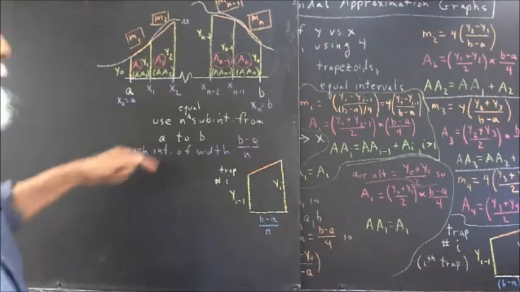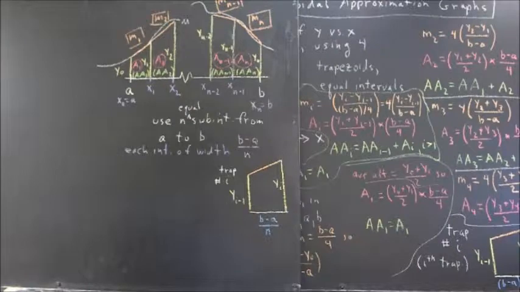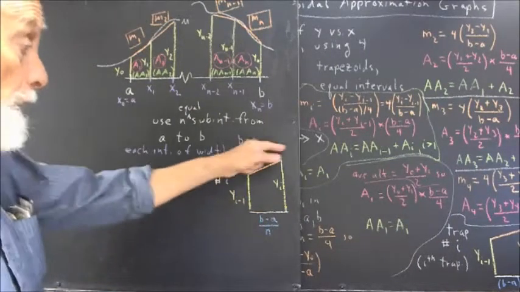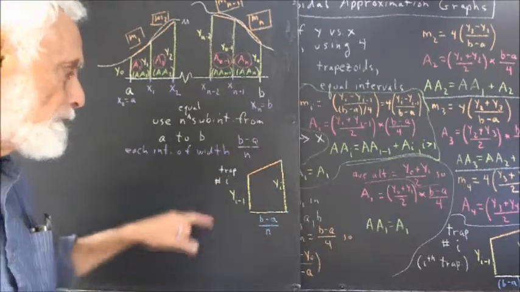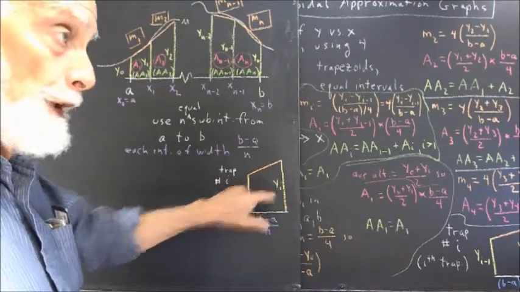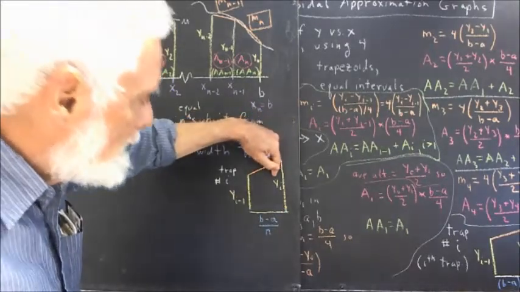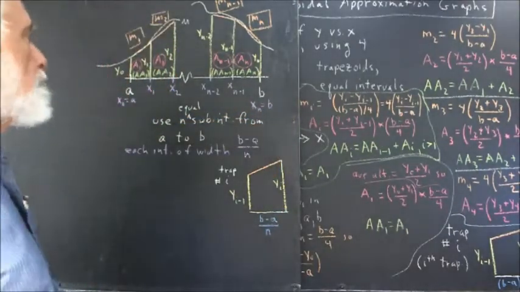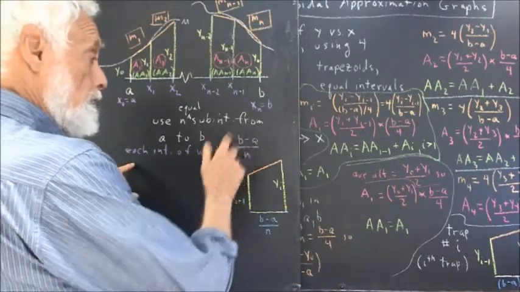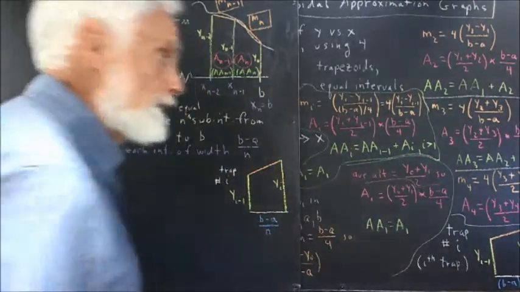So now I want to label the typical trapezoid, the ith trapezoid. Don't know exactly what it'll look like, but here's a representation of it. It's going to be a trapezoid, and it's going to have graph altitudes y sub i minus 1 and y sub i, since the ith trapezoid has right-hand altitude y sub i. Now, what's the width of the trapezoid? Well, the width is the same as the width of every trapezoid, b minus a over n. So I'm going to label the width b minus a over n.